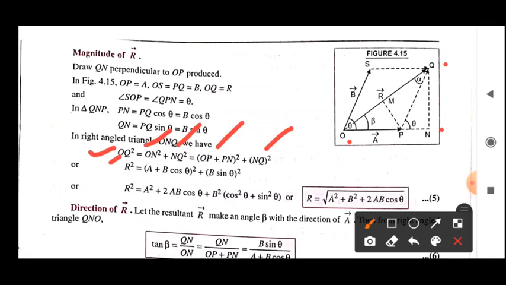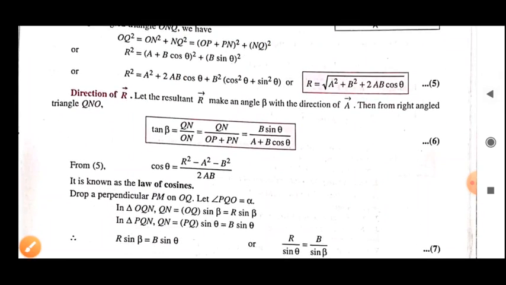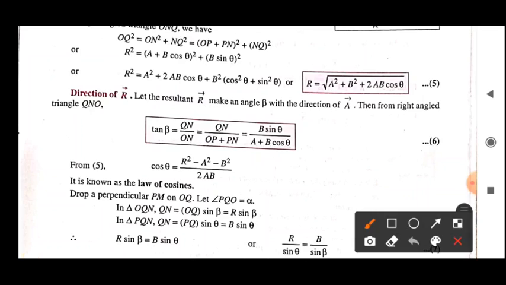Here OP is value A, and PN can be calculated easily from triangle QPN, so that will be equal to B cos theta, and NQ is equal to B sin theta. So you can solve it, and again you will get the same formula as we got for the triangle law of vectors. So this is how we have found the direction and the resultant of the vector.